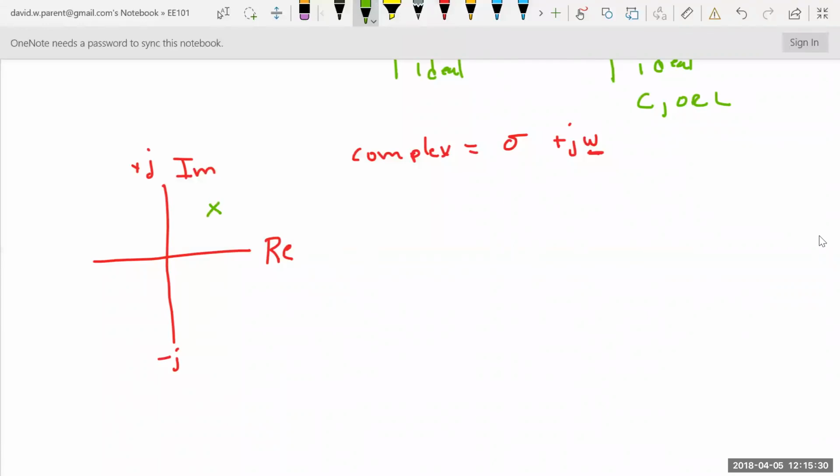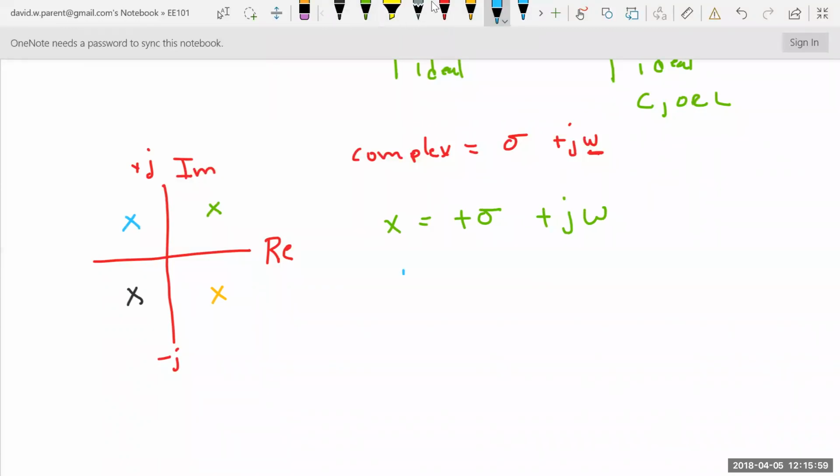So yeah, complex number. Right, I can have something here. I can have something here. Here. Right. And we have our Cartesian coordinates, right? So X is going to have some positive real number plus something like that, right?